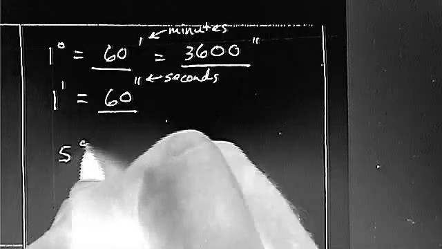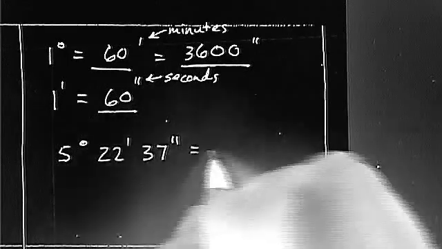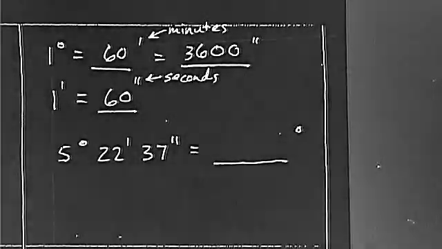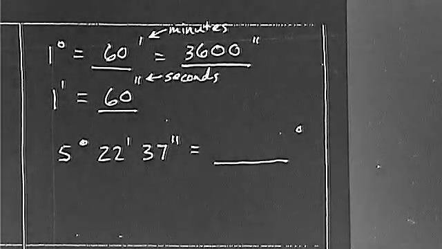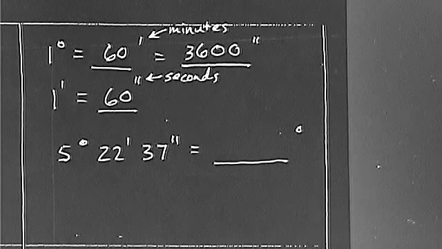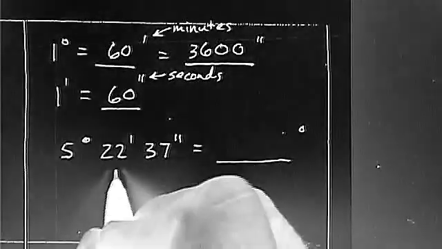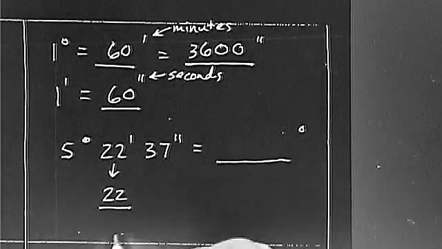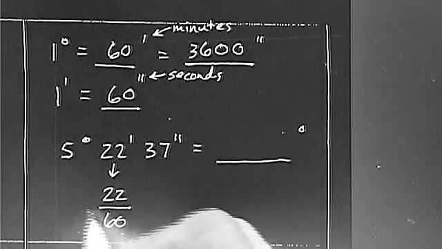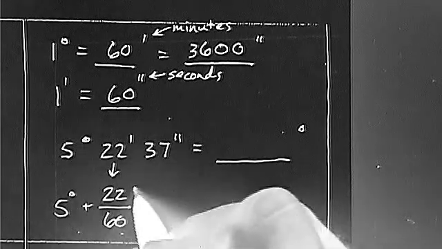So 5 degrees, 22 minutes, and 37 seconds is equal to what decimal number of degrees? We're going to convert this from degrees, minutes, and seconds into a decimal. Is this what our next chapter is over? Well, chapter 5, section 1. How would we convert this part? What would we divide it by to change it to degrees? 60. This is already in degrees.